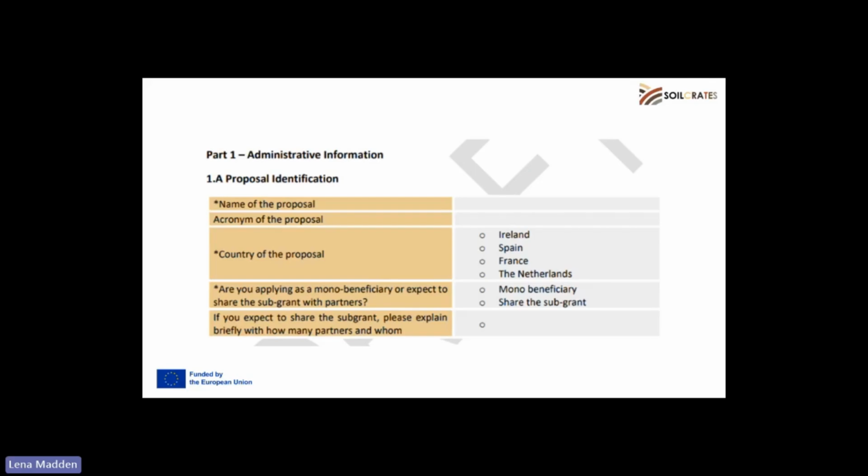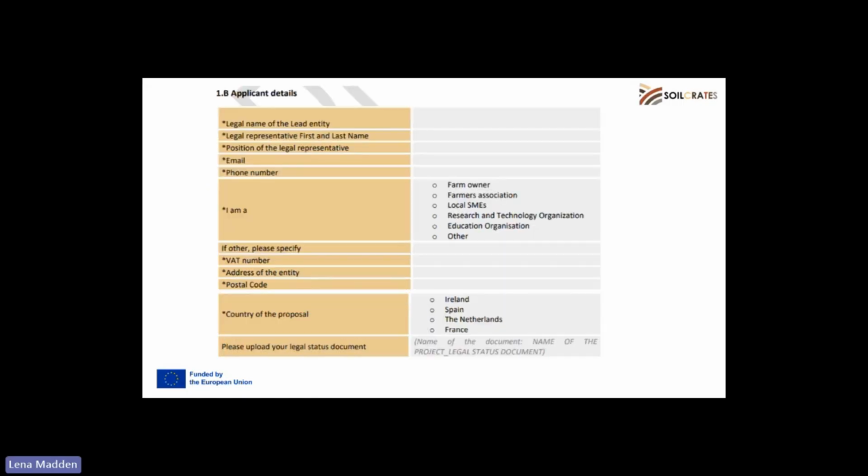So how does this look? The administrative forms are going to be very simple. Some of them are going to be multi-answer questions, where you pick which country, and whether you are applying yourself or as a mini consortium of farmers, and then just say in a few words how this is going to happen.